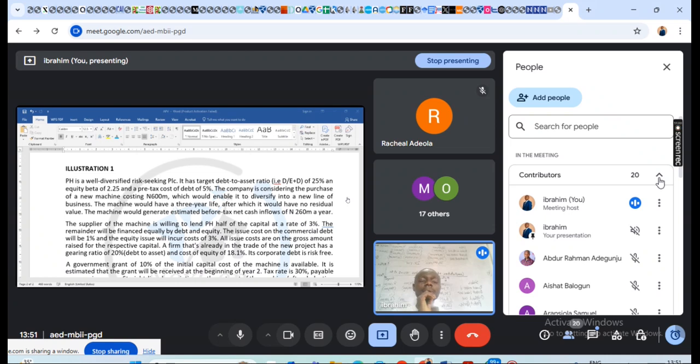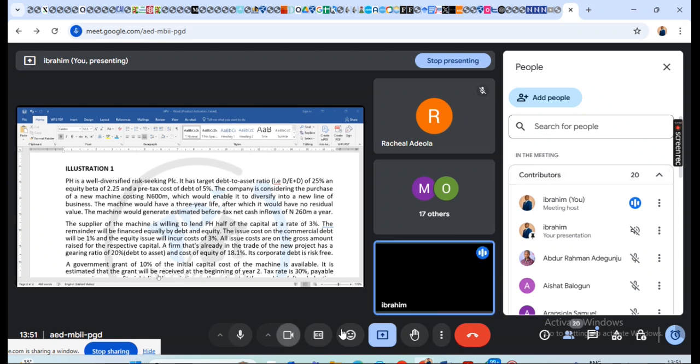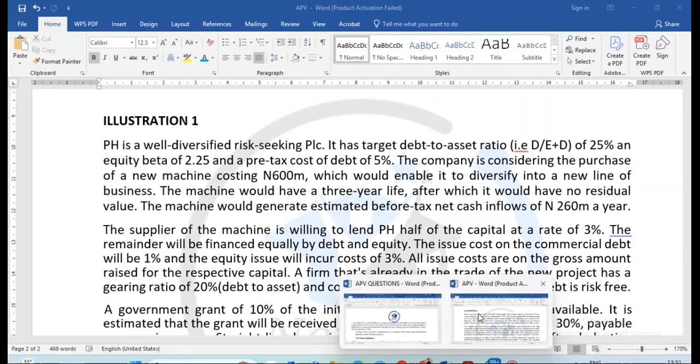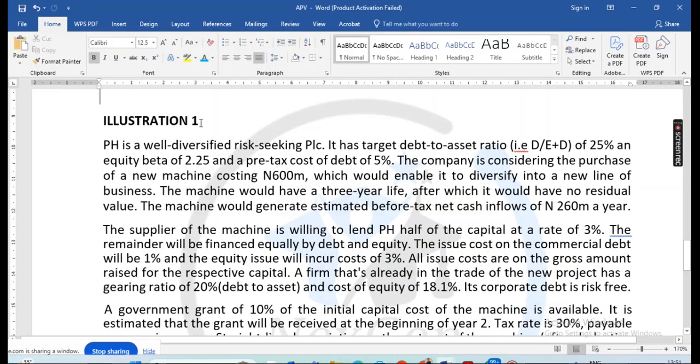PH is a well diversified risk-seeking PLC.